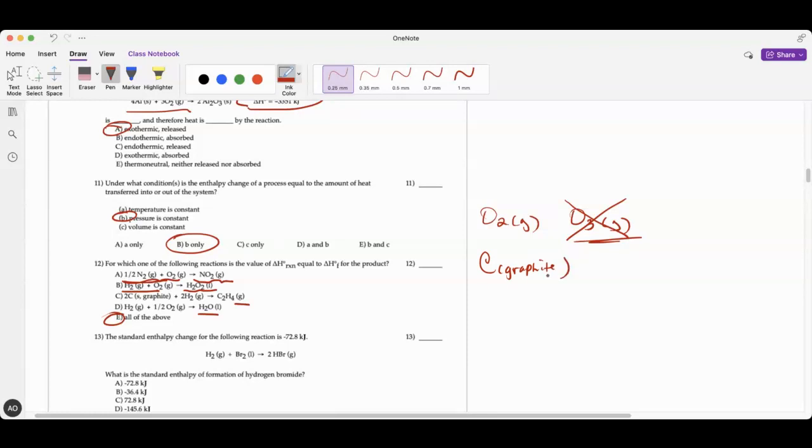In fact, its standard enthalpy of formation is equal to 0. Ozone is not going to be 0; it's some other value. And the same with diamond. Both are solid carbon, but graphite is the standard form of carbon, and its standard enthalpy of formation is equal to 0. For diamond, it's a value other than 0. So yes, it is important.